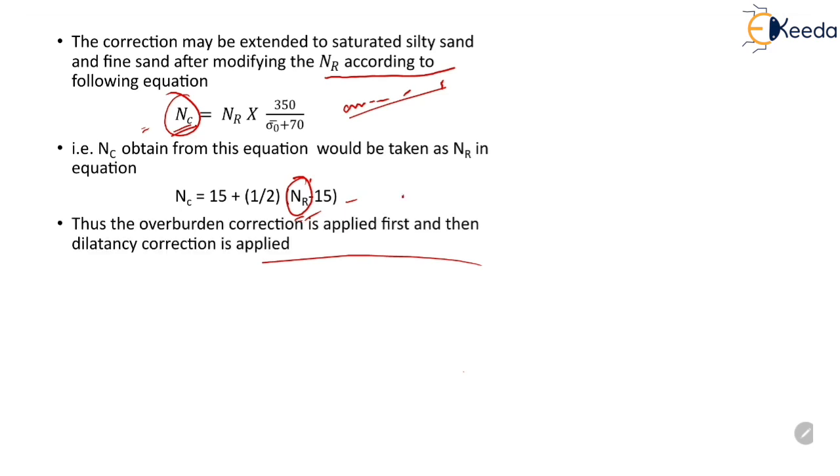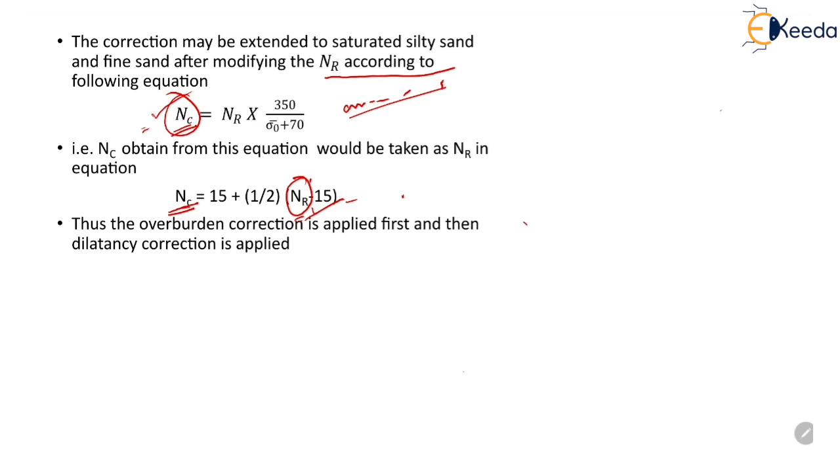The overburden correction is applied first, and then the corrected value obtained is used as the recorded value, and dilatancy correction is applied. Then this value of Nc obtained will be the final corrected N value.